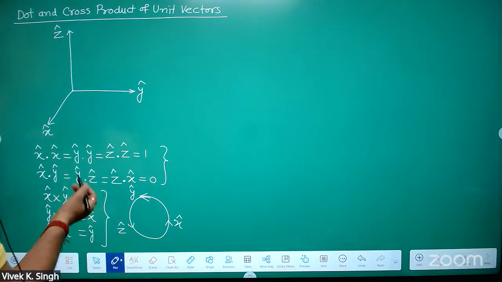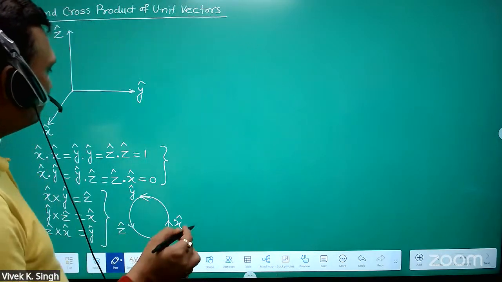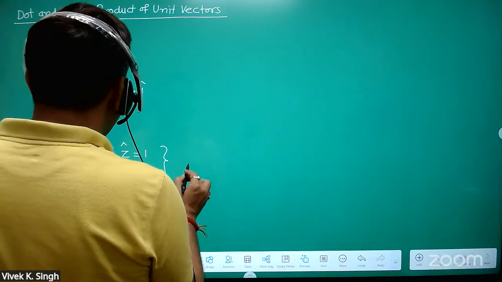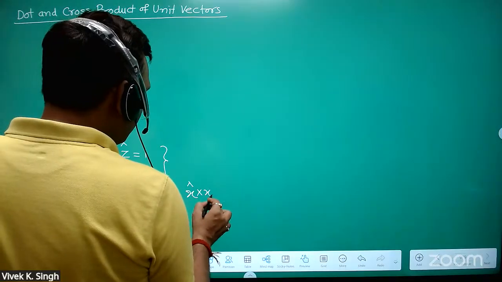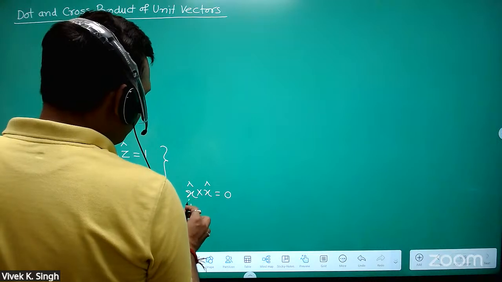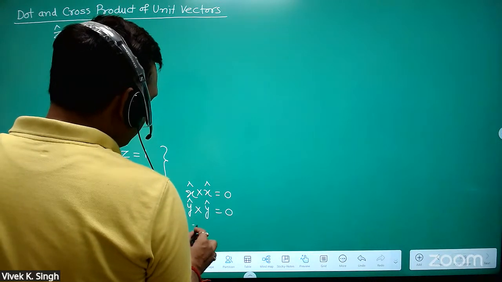So this is the dot product and cross product of unit vectors. Is it clear? And you can also see what x cap cross x cap will be. This is 0. Y cap cross y cap is 0.